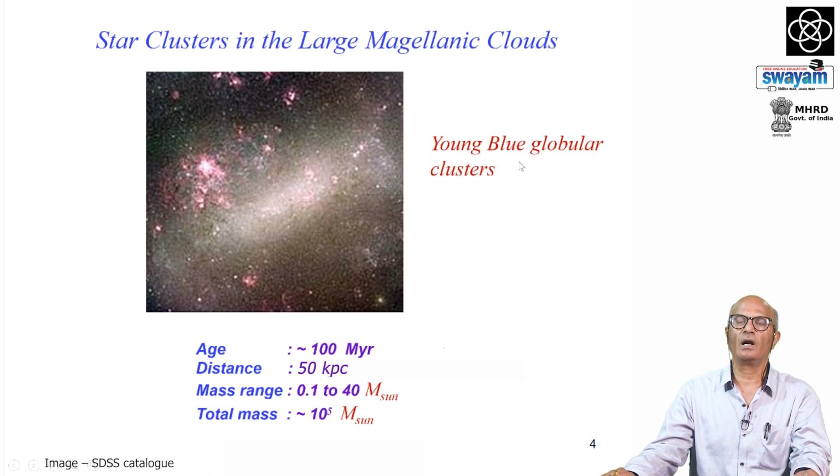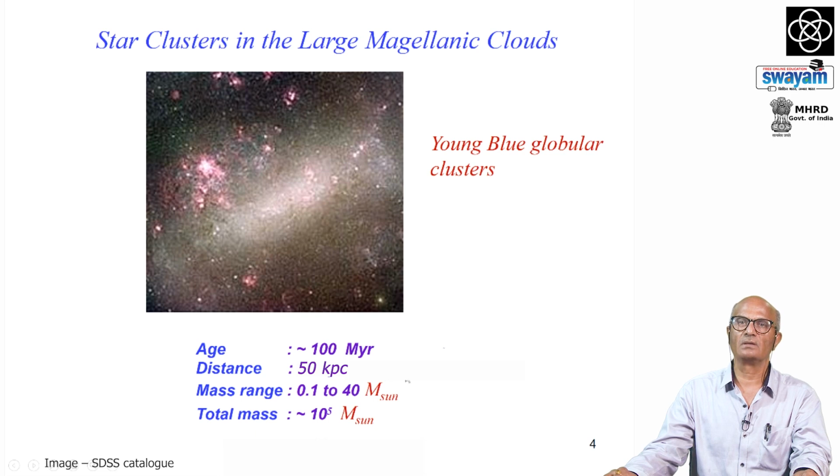That is why they are called young blue globular clusters, and the meaning of galactic and globular cluster in our galaxy loses its meaning. Henceforth, I will say star cluster in a galaxy other than the Milky Way; classifications are not exactly identical, they are different.